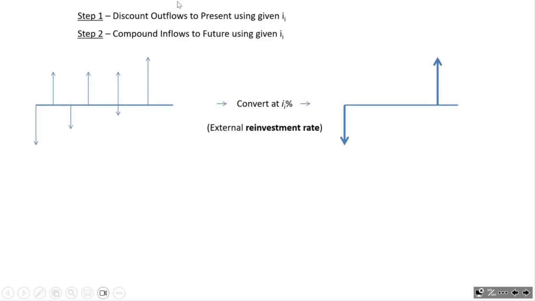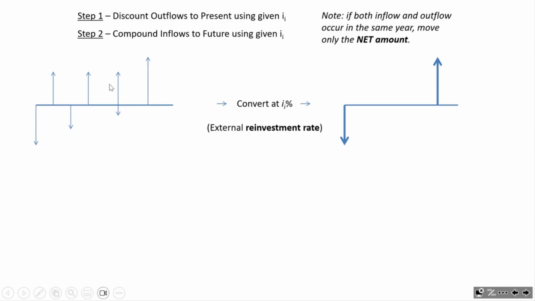So this is kind of a graphical representation of it. You're starting off with some cash flow diagram that's got outflows and inflows. You take all of the outflows to the present, all of the inflows to the future, and the interest rate you're using for that is the given external reinvestment rate. And oh, by the way, this is important.